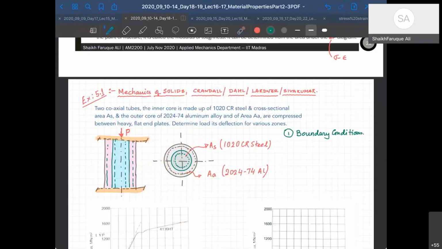That gives me that both AL and ST will have the same compression. This is a condition that I get. This is called the compatibility condition. Okay. Now what else do we have to do? Next we have to find the material properties.